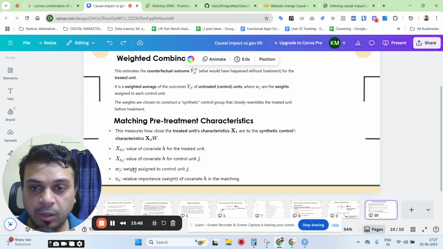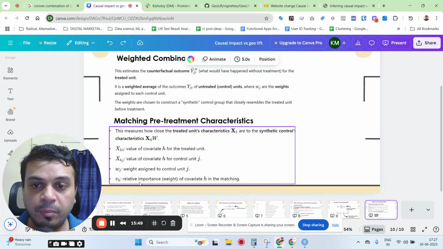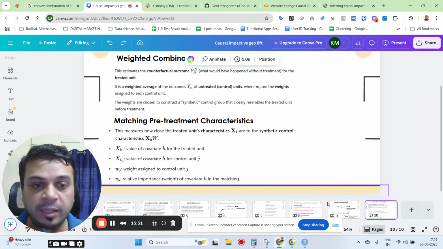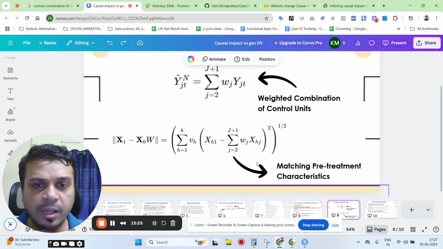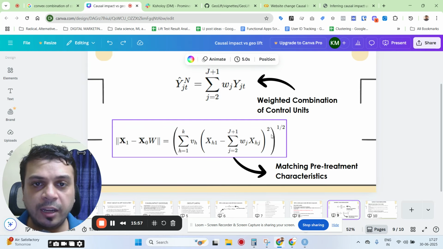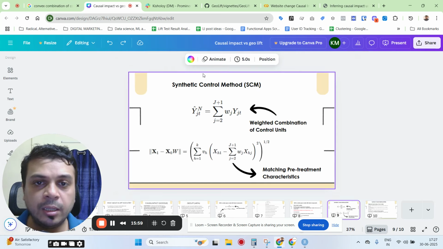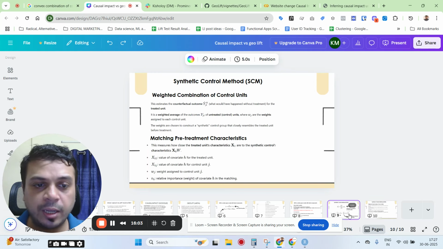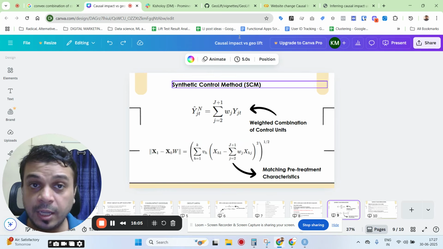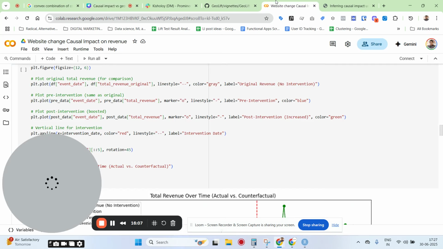Obviously you still have the weights, the relative importance of the weights, in this particular equation. So these are the two equations which are the guiding forces behind synthetic control methods. I strongly urge you to take some time to understand these. Now I'll quickly walk you through the actual code itself as well.